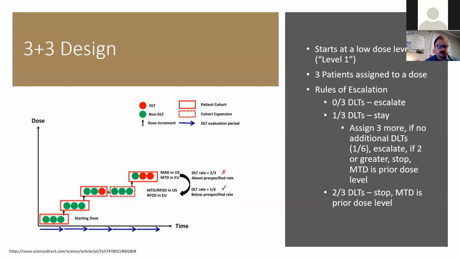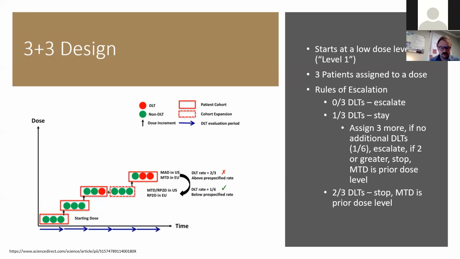If there's no additional DLTs, so only a maximum of 1 of 6 at that dosing level, we're going to escalate. If there's 2 or more, though, we're going to stop and we're going to say the prior dose level is our MTD. Now, the same kind of principle applies if we're just looking at 3 patients. If there's 2 of 3, we're going to stop and the MTD is the prior dose level as well.